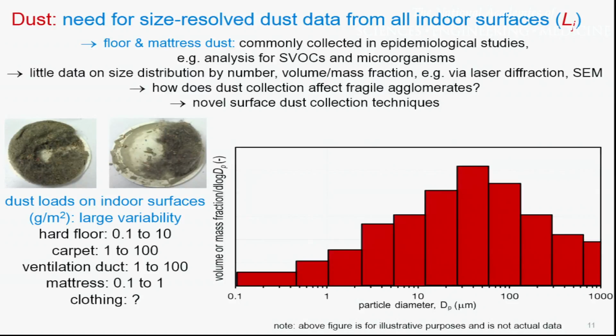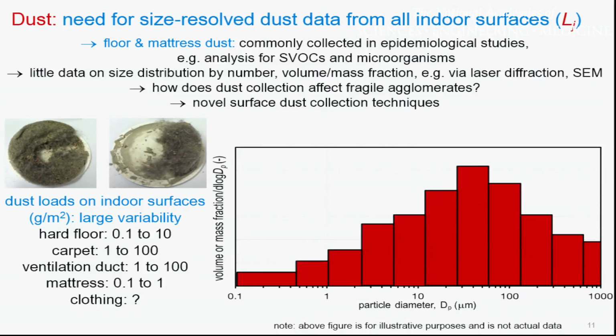It varies quite a bit in indoor environments. We may have very light dust loads, for example, on a mattress, less than 0.1 grams per square meter. That's grams of dust per square meter of mattress. And then in ventilation ducts or really dirty carpet, we may have dust loads in excess of 10 grams per square meter.